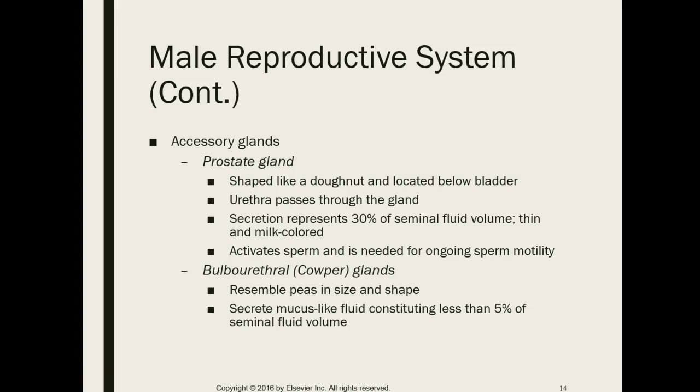The urethra actually passes through this gland. The secretion from the prostate makes up about 30% of semen, and it's thin and milky in color. This activates the sperm and again provides the motility it needs to work through the female reproductive tract.